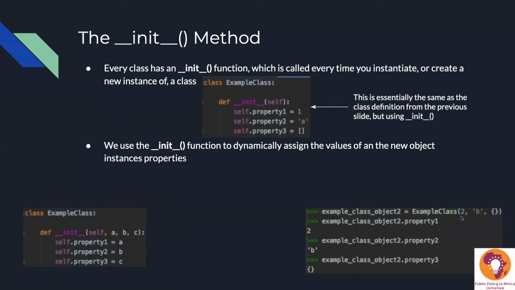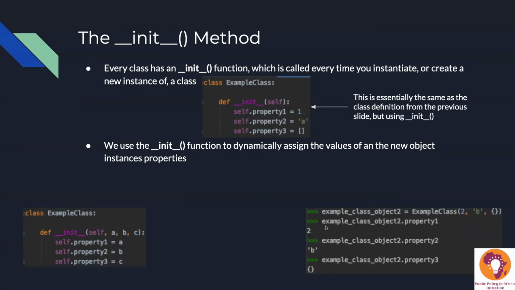So here I'm passing some additional parameters, and what I'm passing is 2, then the letter B, and then an empty set or an empty dictionary, hard to say without actually populating it with any values. But yeah, I'm passing those things as the 3 parameters here. And so what's happening is 2 is being passed as A, the letter B is being passed as B in the init here, and this empty dictionary is being passed as C here.